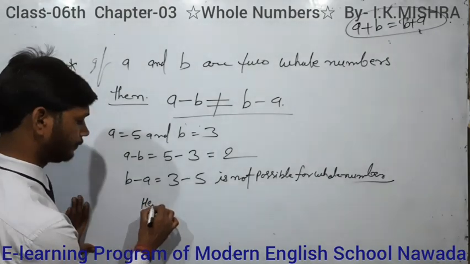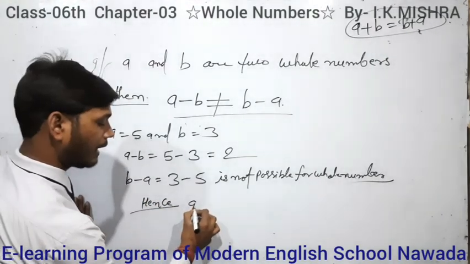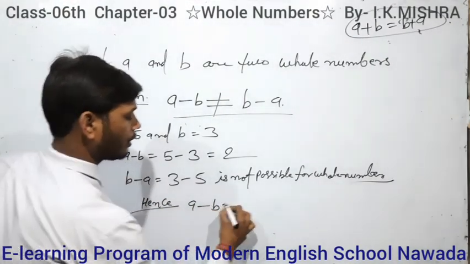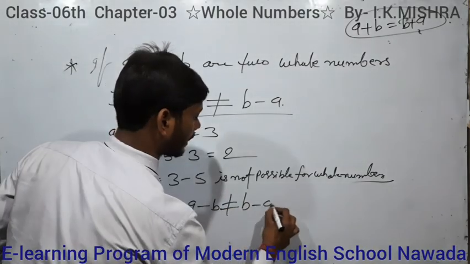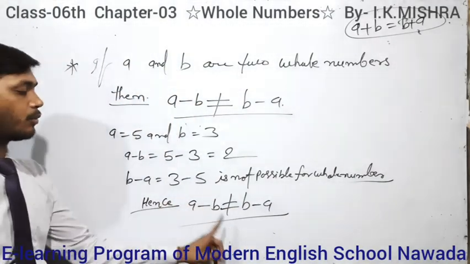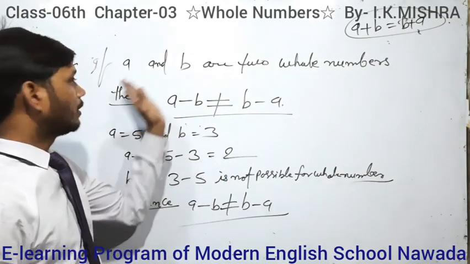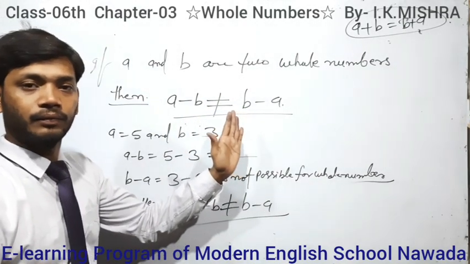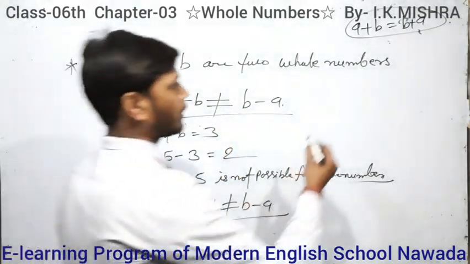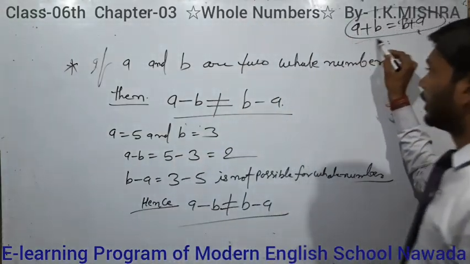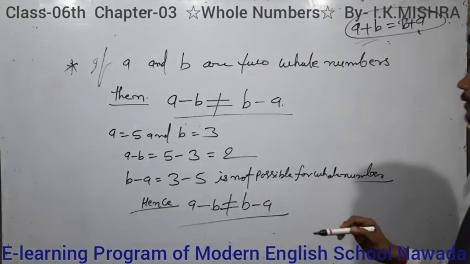Hence A minus B is not equal to B minus A. This property is not followed in subtraction. This property is known as the commutative property for addition.